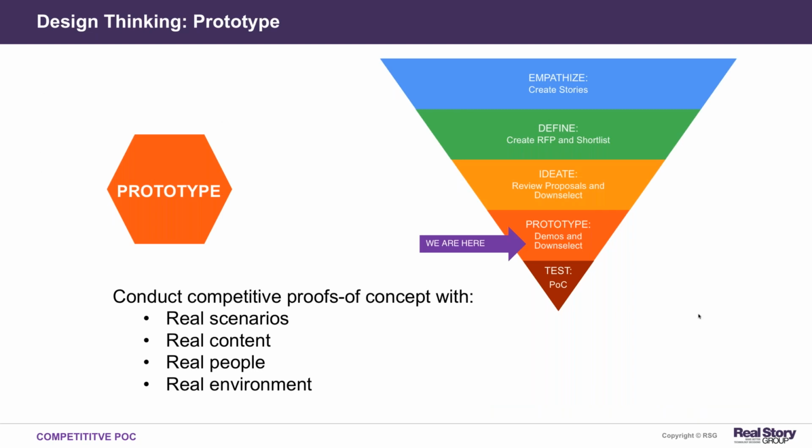Once we complete the demo week, we get to the prototype stage. Now here is where we want to do some proof of concepts, ideally competitive proofs of concept with your finalist vendors. Now, in a perfect world, I'm going to suggest you take your 2 finalists and you ask them to mimic a real implementation project as much as possible.